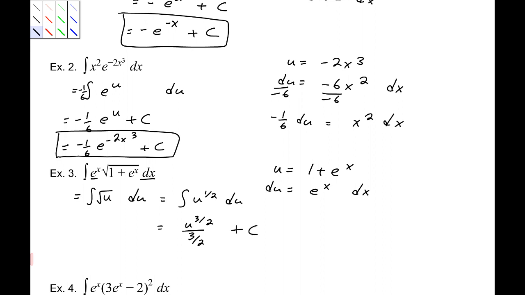I'm going to rewrite this a couple of times. First I'm going to write this as 2/3 u to the 3 over 2. And then last, I'm going to replace my u. So this is 2/3 times 1 plus e to the x, to the 3 over 2, plus c.